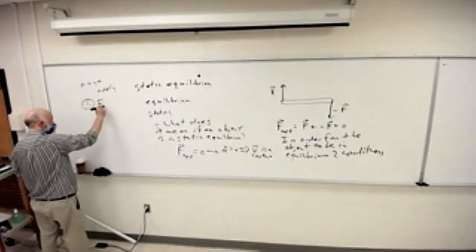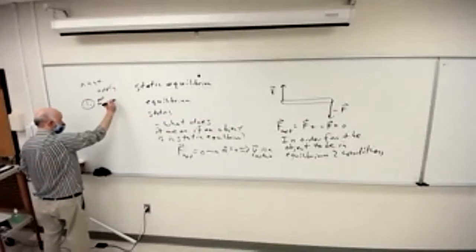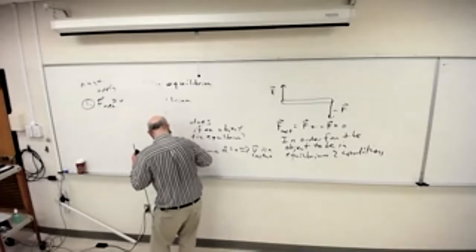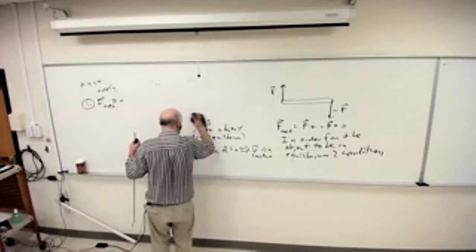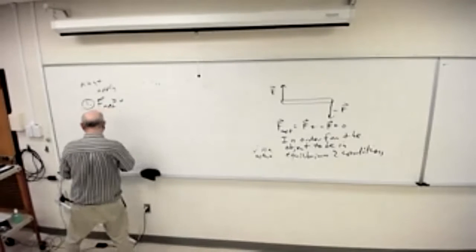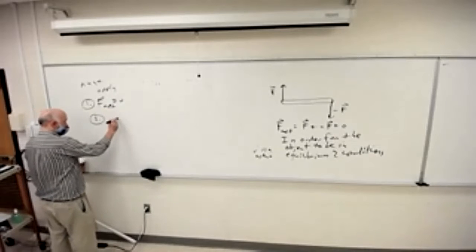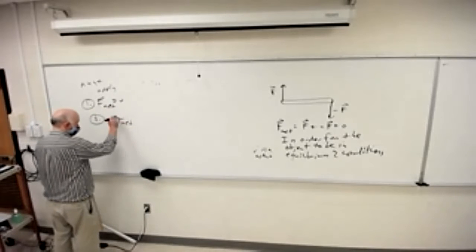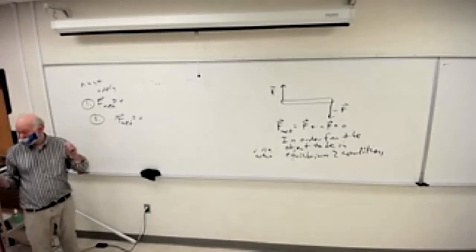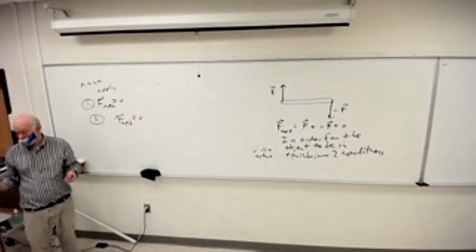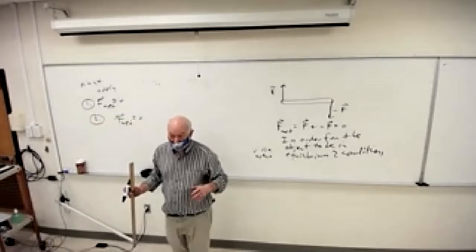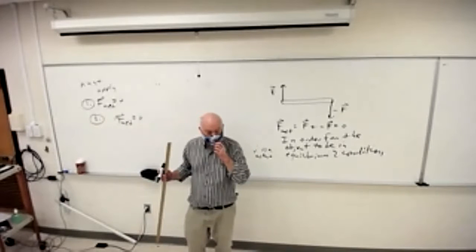First, that the net force equals 0. Second, that the net torque is 0. If you have both of these conditions, you have equilibrium. That makes sense? Okay, the theory is done. That's it. All we're going to do now is problems.